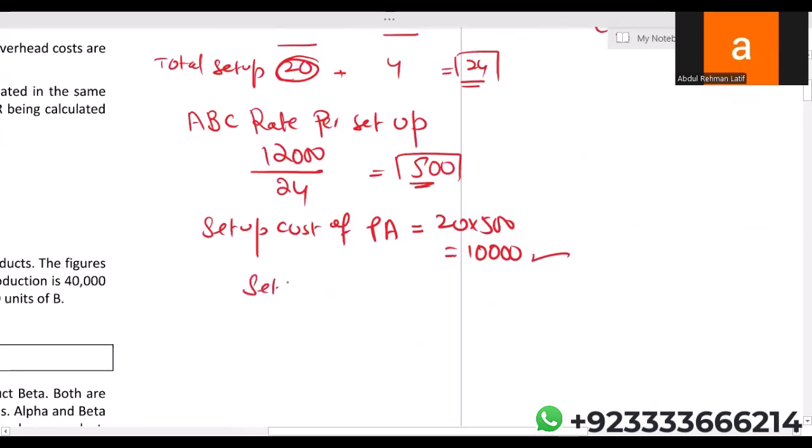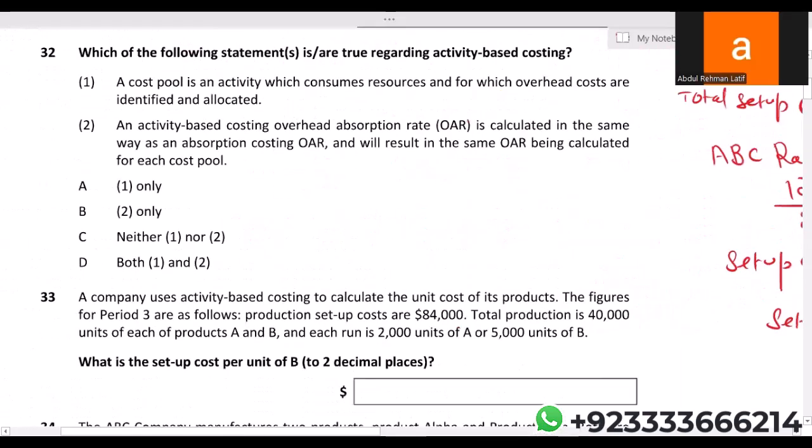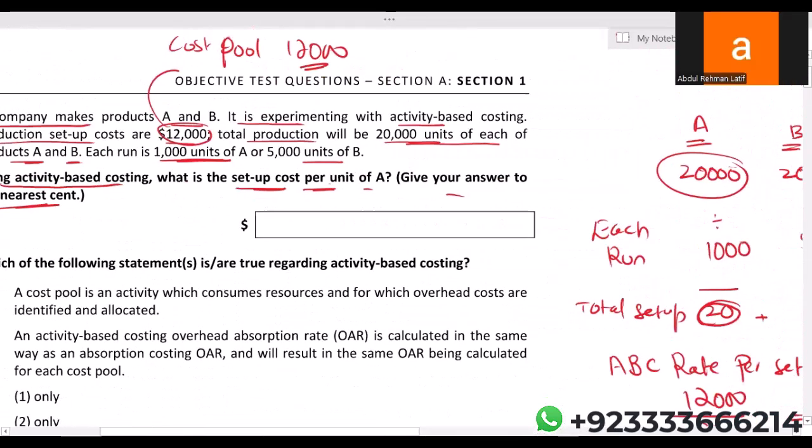So setup cost per unit of product A is equal to 10,000 divided by 20,000 units. So obviously I'll get $0.50 per unit. So your answer is $0.50 per unit.